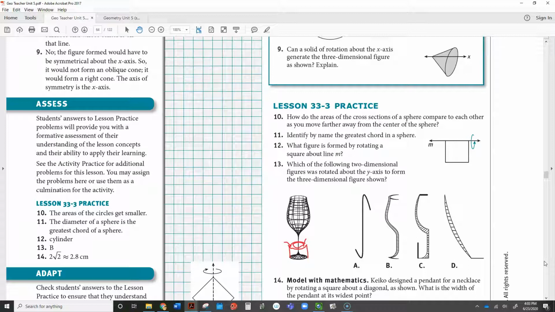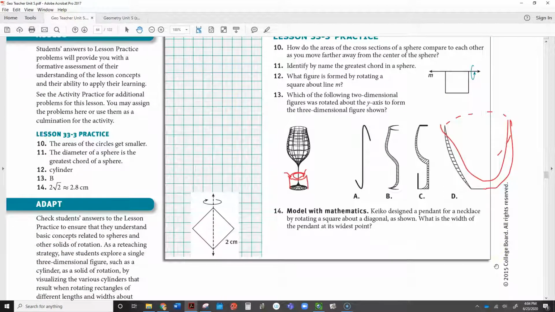This would form a bowl. If we rotated that around the y-axis, we would get a hollowed out bowl, all the way around. Oh, I don't know what that would give me.